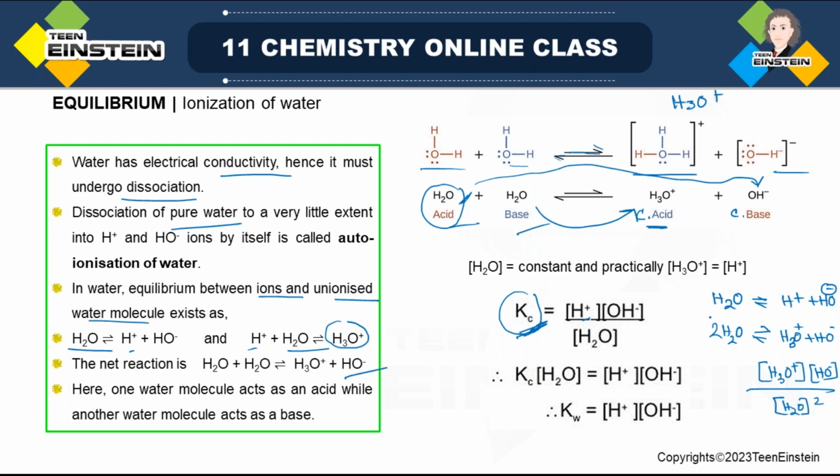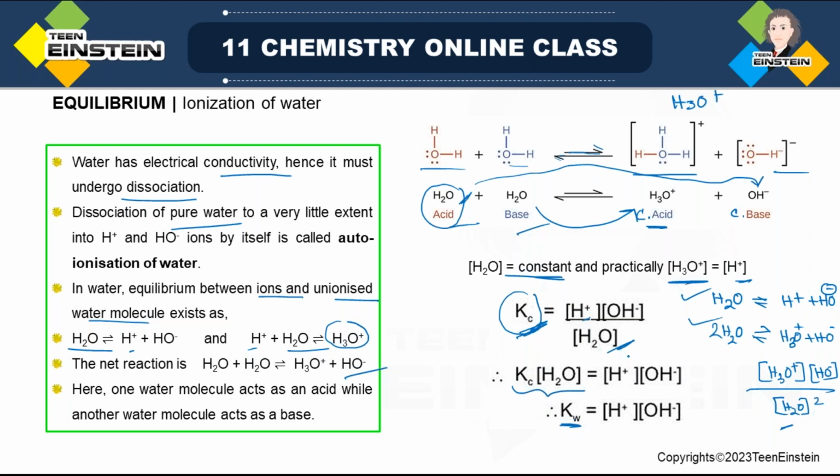But remember, whether you consider this one or this one, it doesn't matter. In both cases, the denominator is the concentration of H2O, and in the second case the concentration of H2O to the power 2. Whatever it is, as the concentration of H2O is very high, it is practically constant, and practically H3O+ is equal to H+. So ultimately we can write Kc as the concentration of H+ and HO- only.